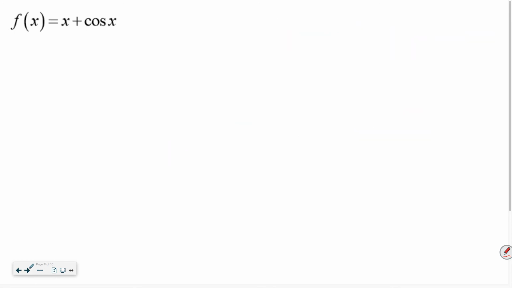Two more examples, right? This is the second to last example.